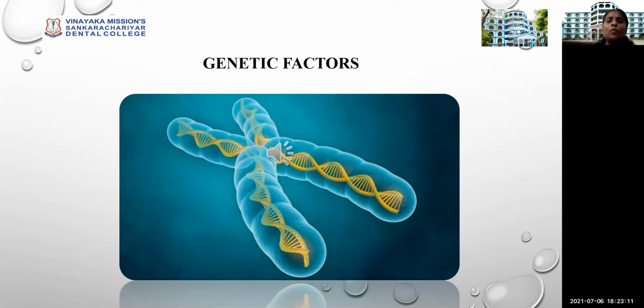Genetic factors. What they have shown is, if a patient is genetically susceptible to periodontitis, then he can have periodontitis at a 2.51 times higher rate than a normal individual who is not genetically susceptible to periodontitis. And if he is a smoker, then the rate of affecting the periodontal condition is around 7.1 times.